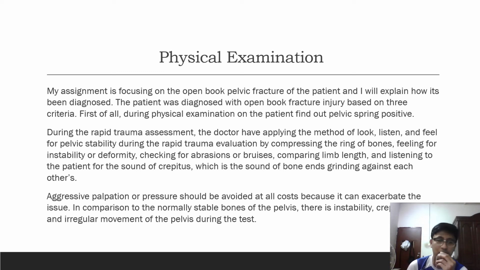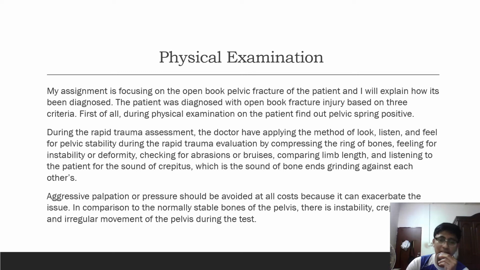During the rapid trauma assessment, the doctor applied the method of look, listen, and feel for pelvic stability, by compressing the ring of the bones, feeling for instability or deformity, checking for abrasions or bruises, comparing limb length, and listening to the patient for the sound of crepitus, which is the sound of bone ends grinding against each other.